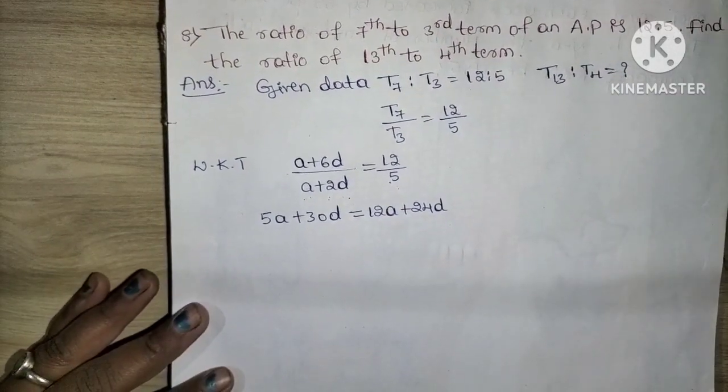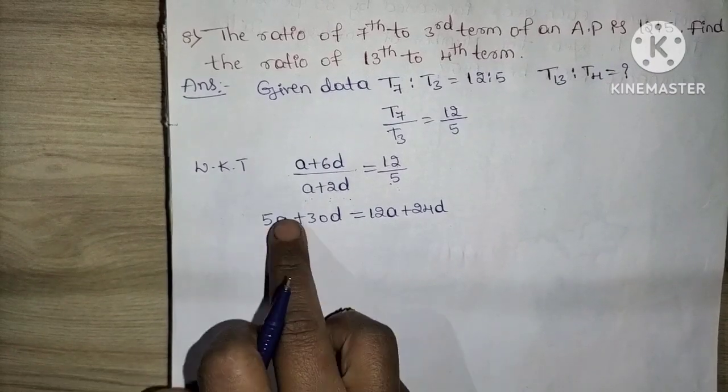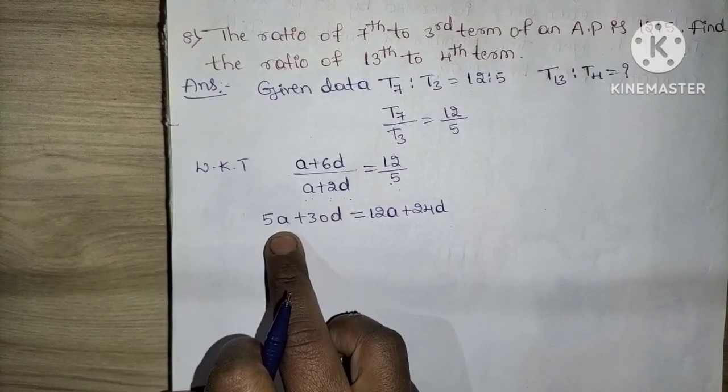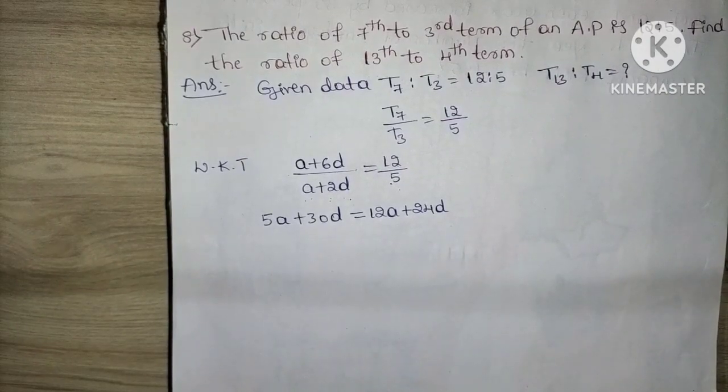Here first we have to find the first term and the common difference. So we have 5a plus 30d is equal to 12a plus 24d.